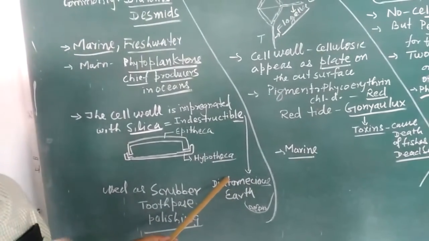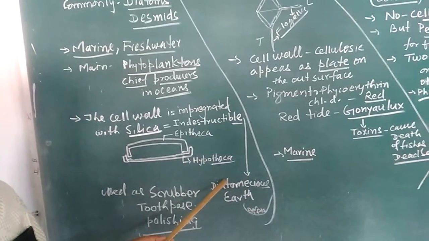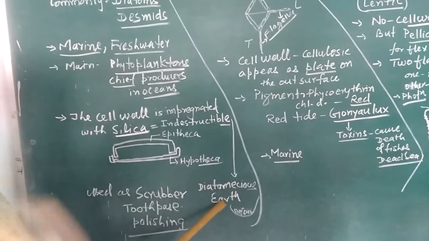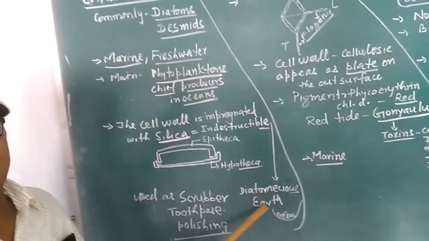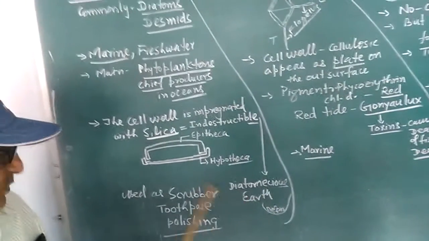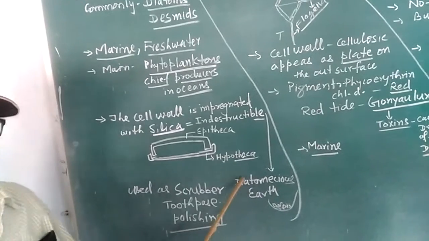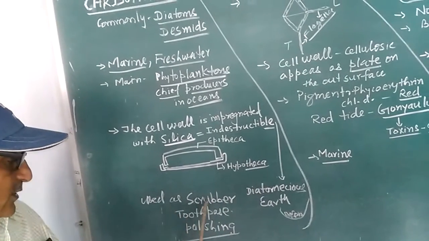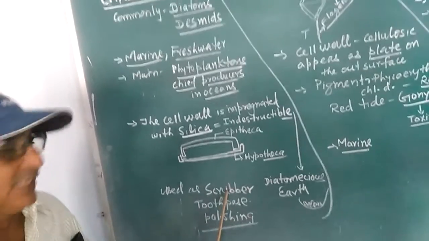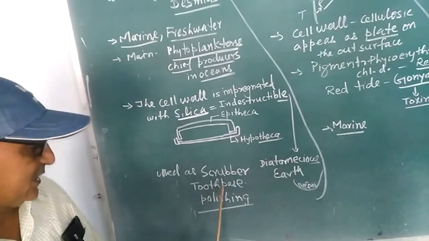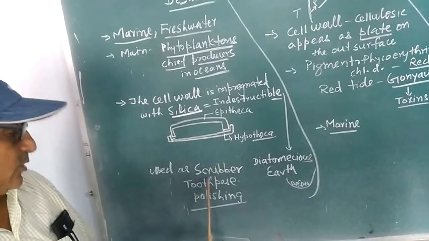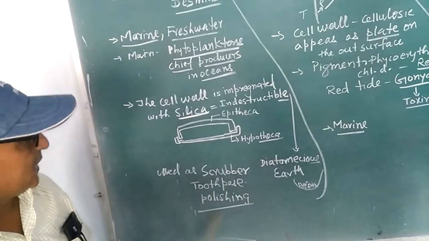When they die in the water body, at the bottom they leave diatomaceous earth, a sand dune-like structure you can see. Their cells are especially used in industry as a scrubber, for cleaning surfaces. They are used in toothpaste, or as a polishing agent in jewelry and other soft articles.